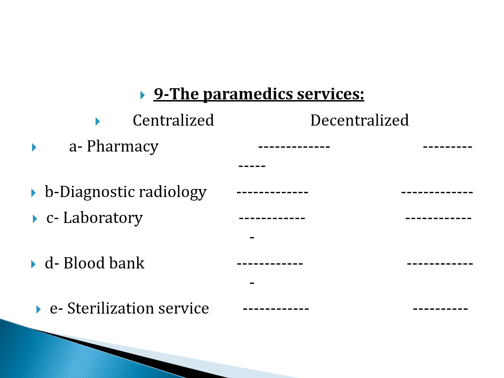The pharmacy in the unit may be centralized or not. Diagnostic radiology, centralized or decentralized. Laboratory in the unit, centralized or decentralized. Blood bank, centralized or decentralized. Sterilization services, centralized or decentralized.